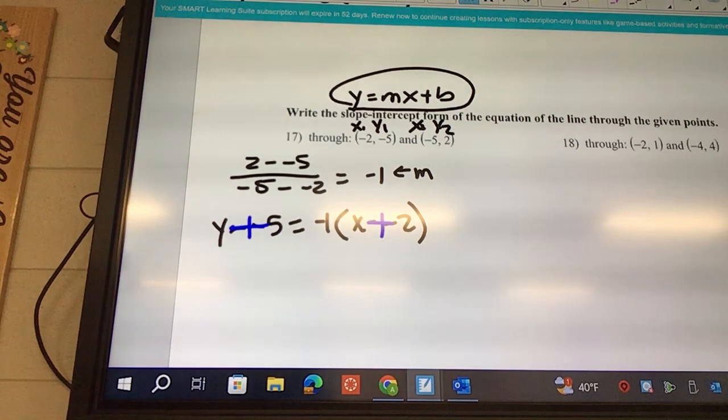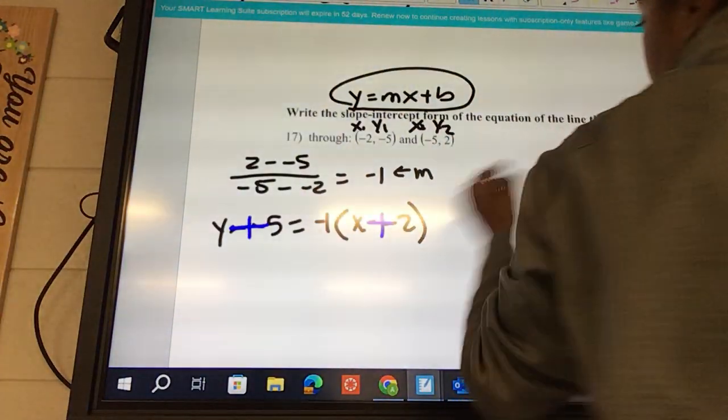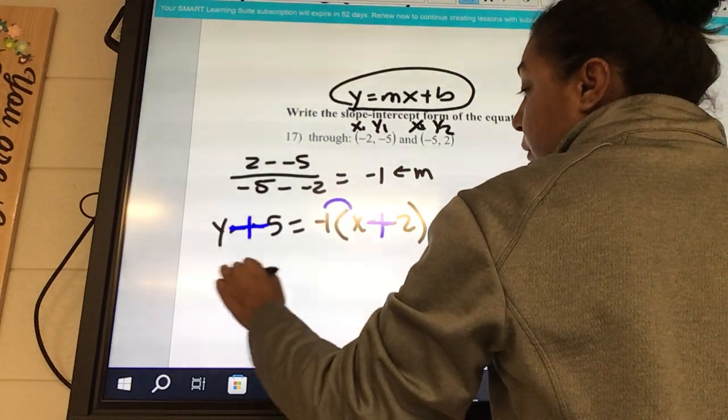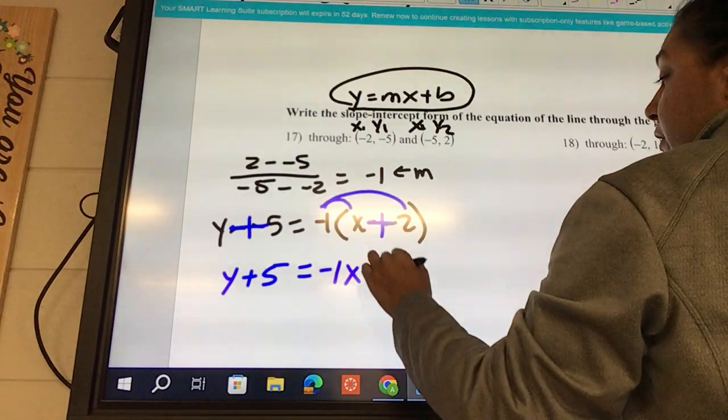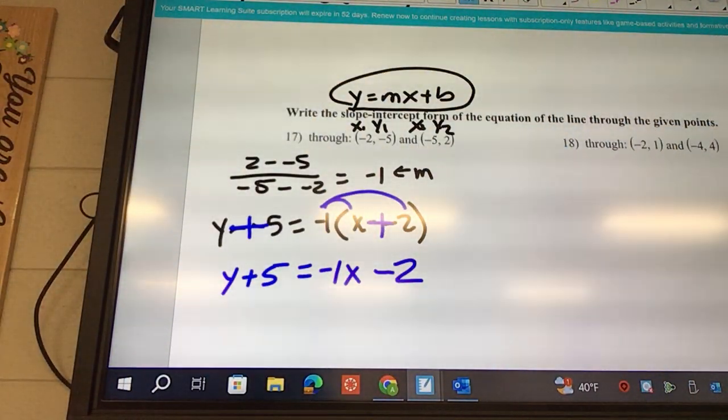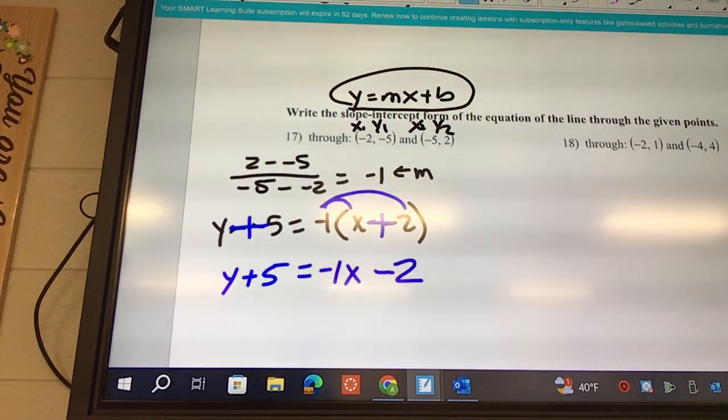And so now, yes, we're going to distribute. So negative 1 times x is going to be negative 1x. Negative 1 times 2 is going to be negative 2. Then what?